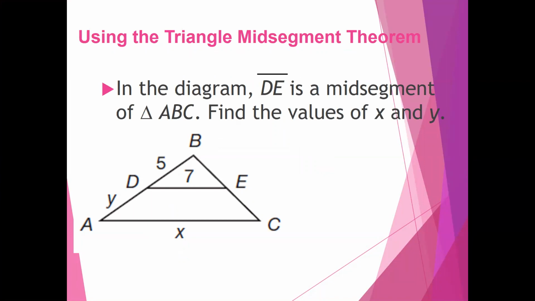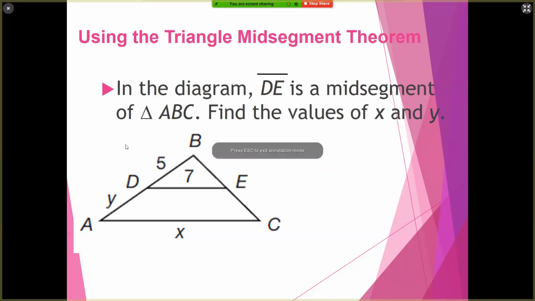The next one in the diagram, DE is the mid-segment of triangle ABC. Find the values of X and Y. Take a minute and see if you can find X and find Y. All right, what did you write for X? 14, absolutely.